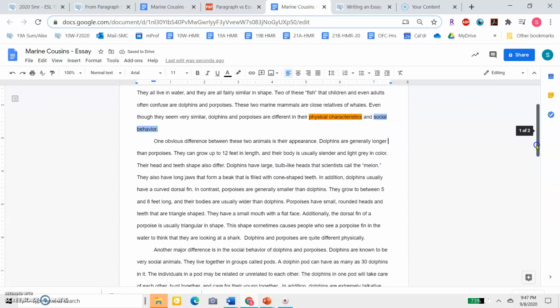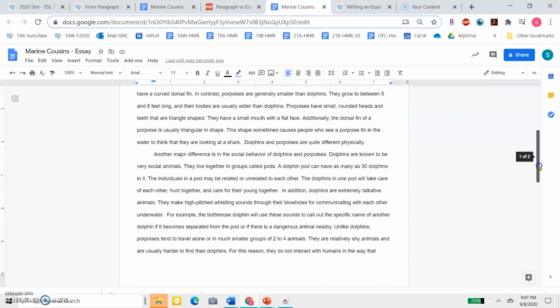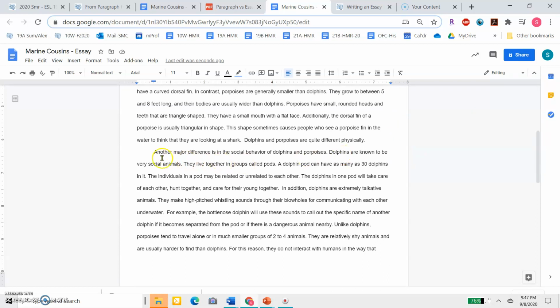And what that translates to is physical characteristics being the first listed means that in your topic sentence of your first body paragraph, you're going to talk about physical characteristics. The second focal point, social behavior, tells me in my second body paragraph, I'm going to talk about social behavior.